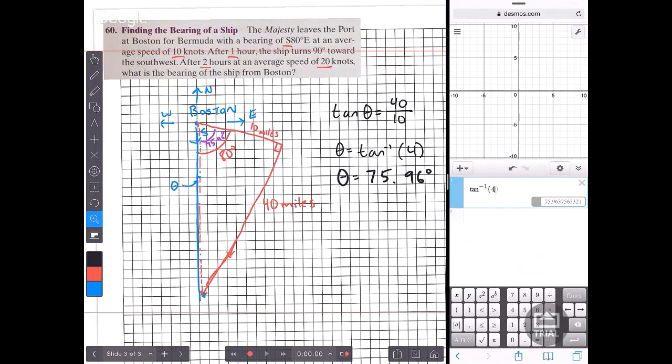Anyway, in order to find my bearing angle, I'm going to do 80 minus 75.96. So I'm going to come over here and say, what is 80 minus that? And I get 4.03 degrees.